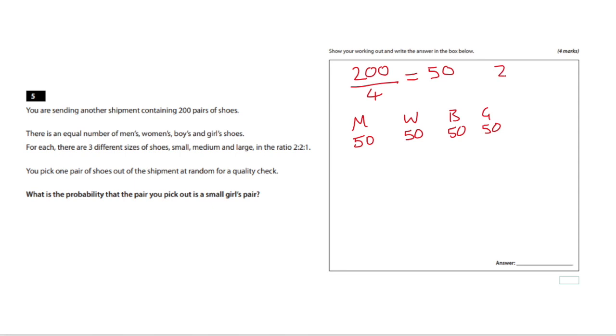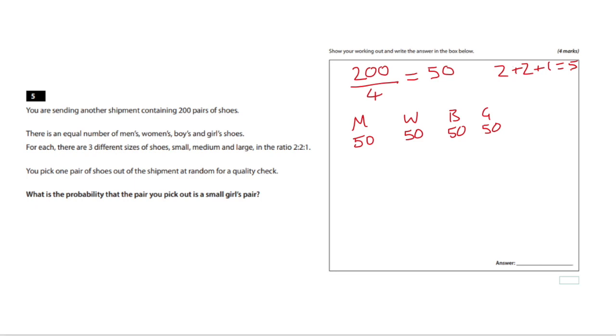So 2 plus 2 plus 1 equals 5. So we're going to divide 50 by 5, and we know that's going to be 10. But to find out how much is in each part of the ratio, then we times that 10 by each number.